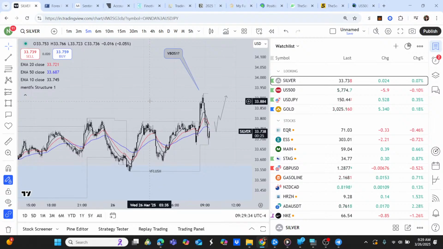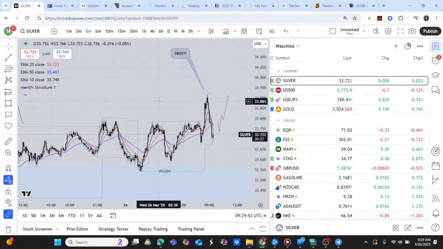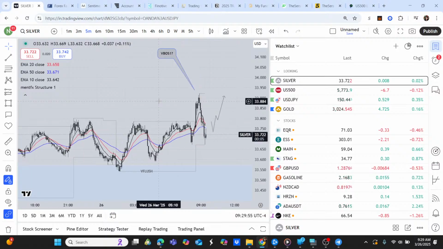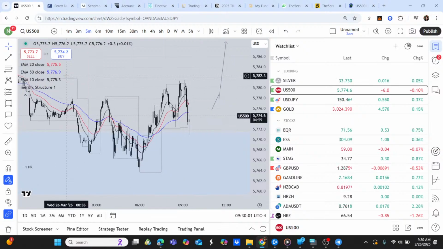Even when you're on the lower time frames, you still gotta have patience. Yeah, US 500 completely doesn't look good.